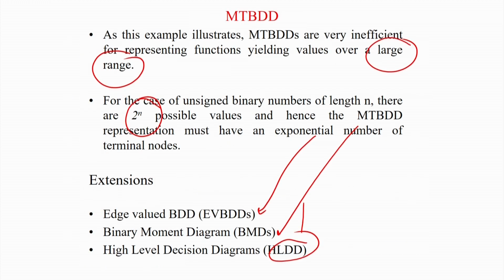Most advanced means the most published: high level decision diagrams can handle the most complicated kinds of circuits, where not even the input variables will be binary, rather everything will be at the RTL level, the C functional level or the Verilog level or the hardware definition level. So that is why we are going to look more into HLDD.